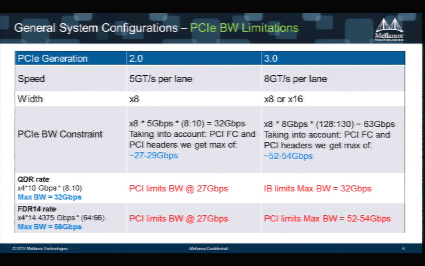It limits us at 27 gigabits. We're not limited on a Gen 3 server, having us reach the maximum bandwidth that the QDR card supports.